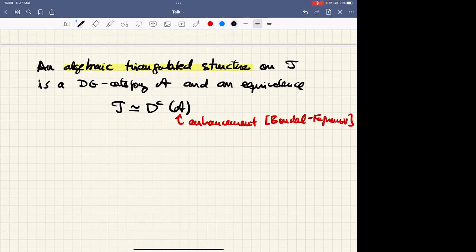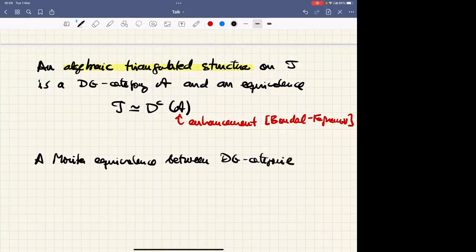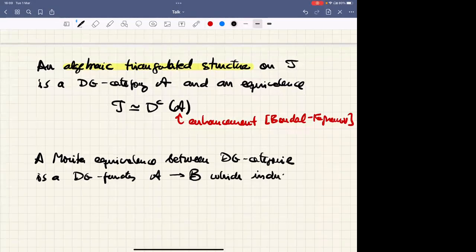We have equivalences between enhancements, and they are called Morita equivalences. A Morita equivalence between DG categories is a DG functor which induces an equivalence on the derived categories of compact objects.